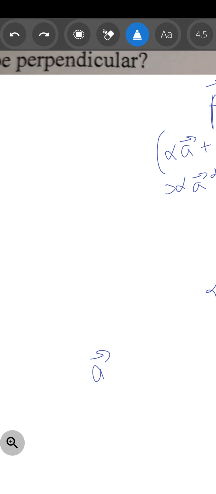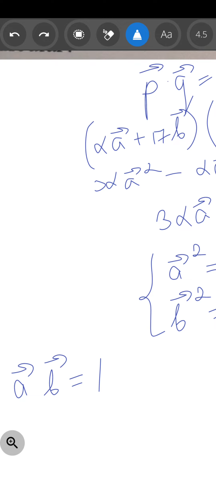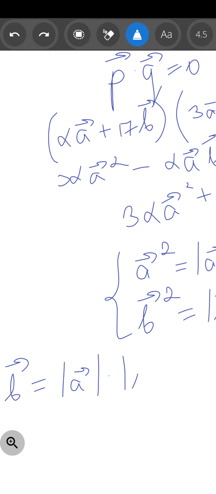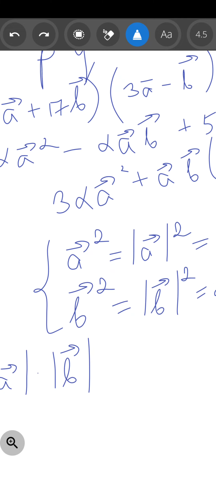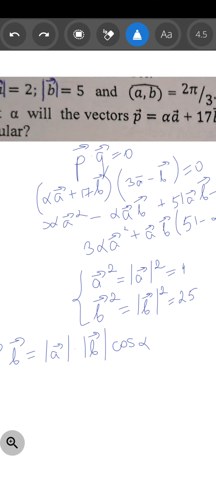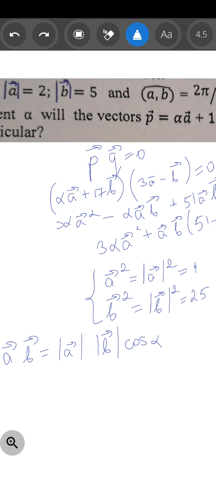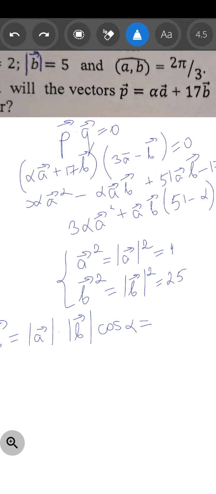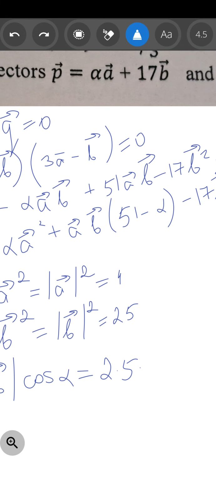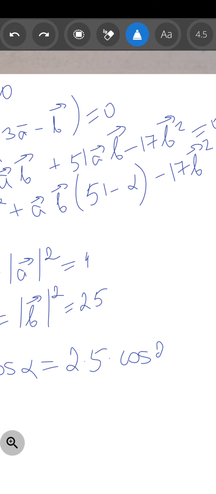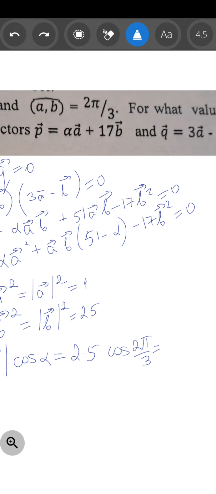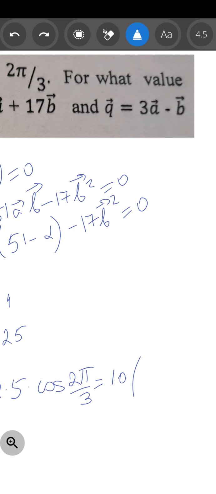We know that the scalar product of two vectors equals the product of their moduli and cosine of the angle between them. In this formula, alpha is the angle between the vectors a and b. It will be equal to 2 times 5 times cosine of 2π over 3, which equals negative 5.